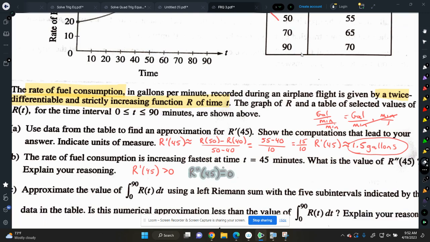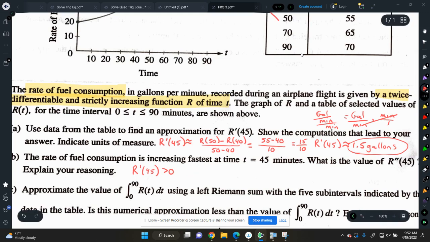You're both saying the same thing. It's just a matter of how we want to say it. R prime of 45 is greater than 0, and we know that R of t is always increasing.